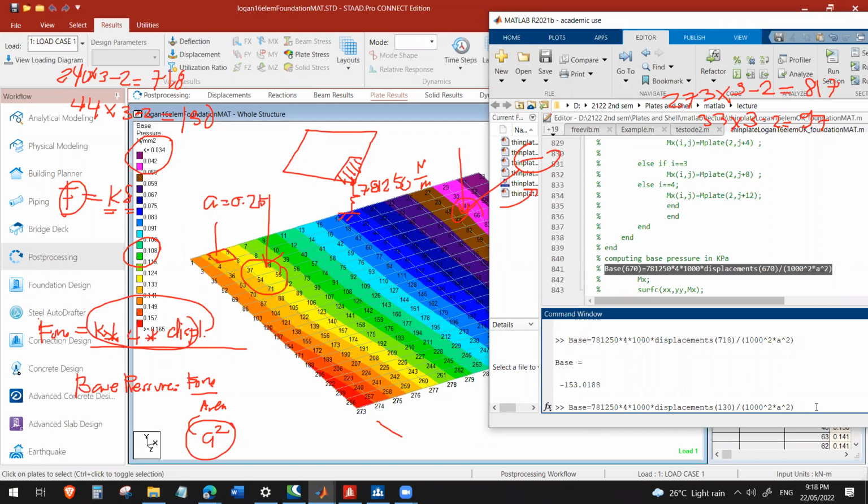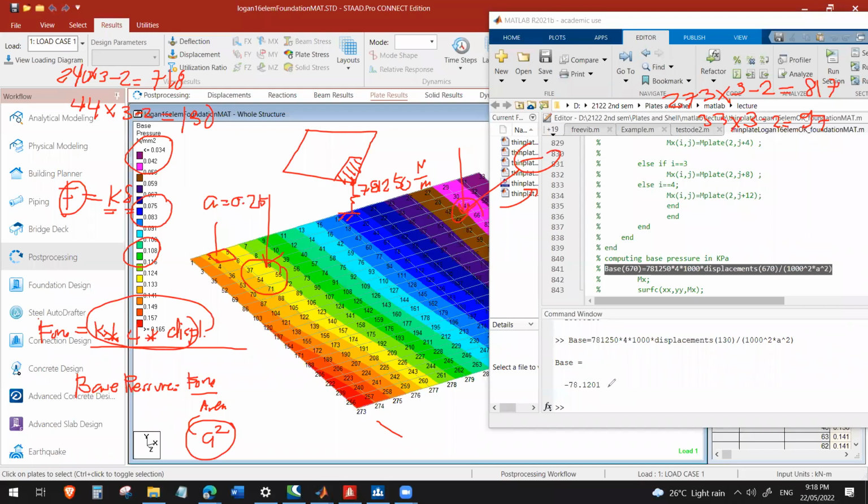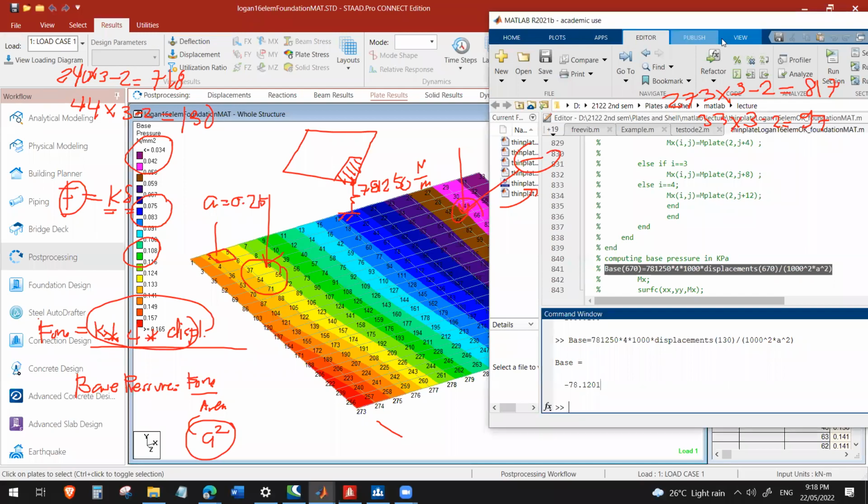Then enter. So that's 78 kilopascal, which is node 44. The blue color is between 75 and 83 kilopascal, which is correct, 78 kilopascal. Okay, so that's how you compute the base pressure.